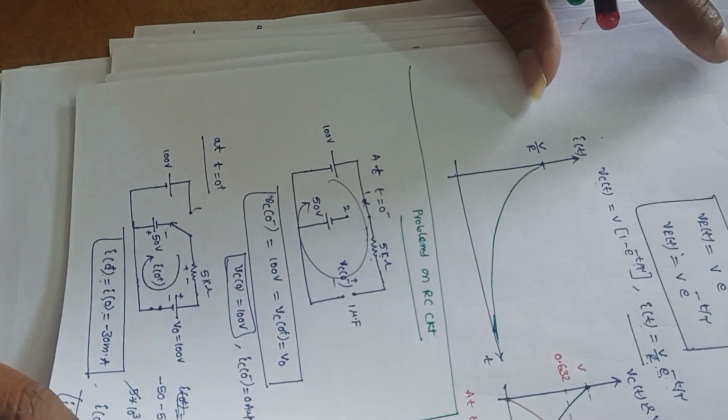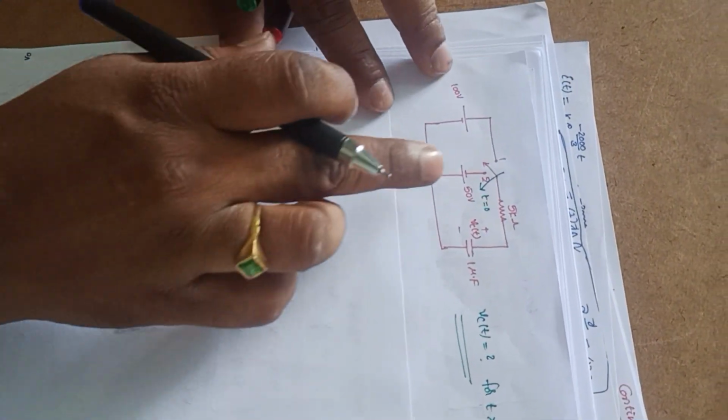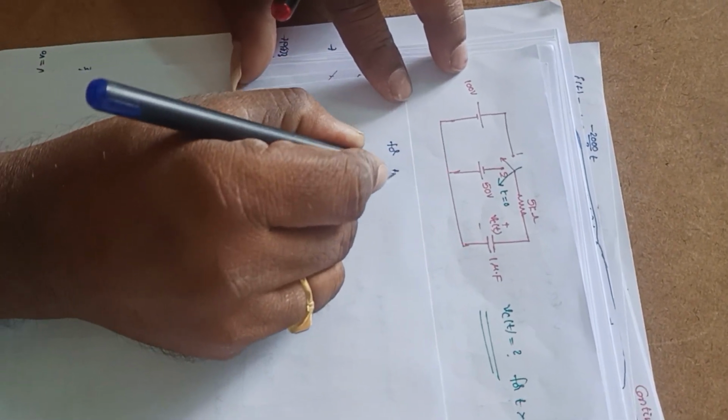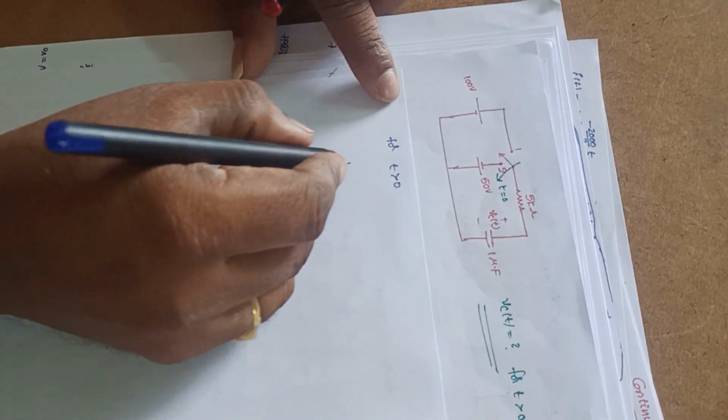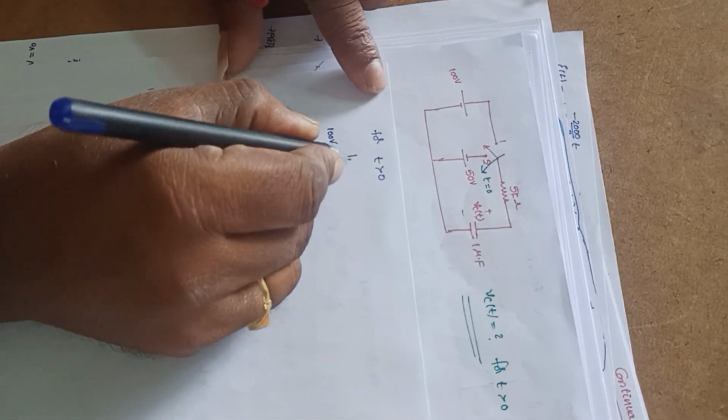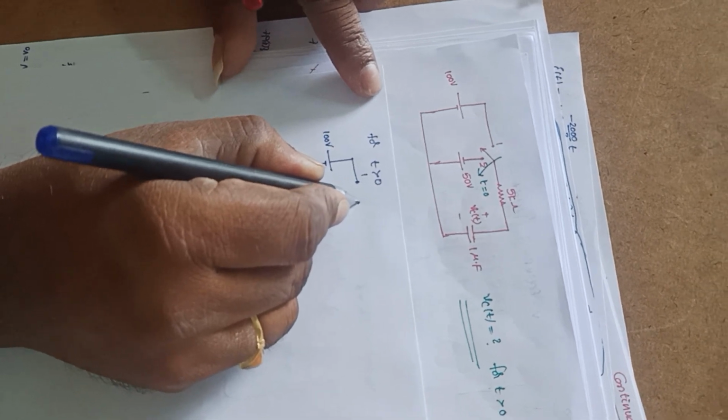should write here. Next, for t greater than 0, the same circuit I am going to draw for t greater than 0 for this problem. Let us write the voltage here. It is 100 volts, and this is position 1.